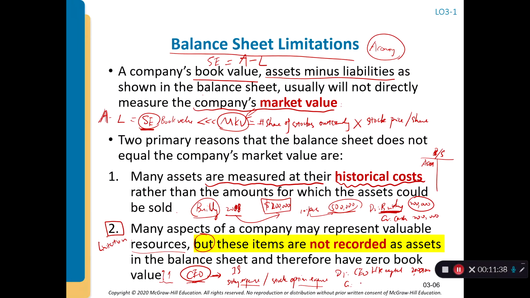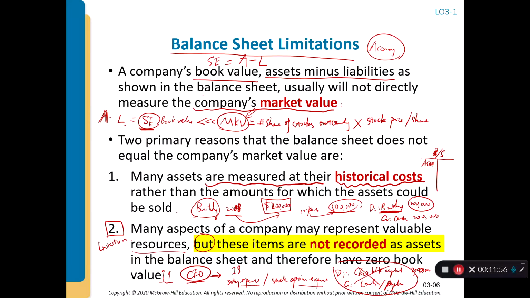Recognized as an asset, and credit cash or some sort of payable, right? We will never have this kind of journal entry recorded, but that is actually a very valuable transaction that cannot be taken care of by accounting.